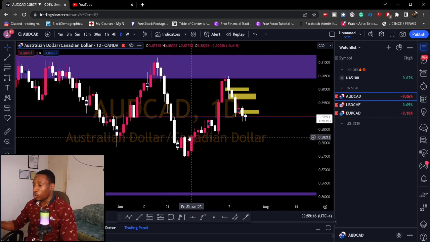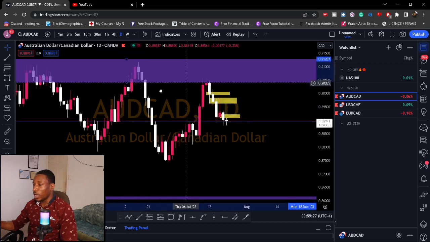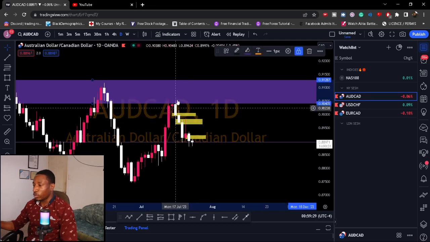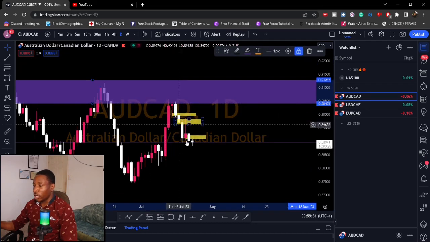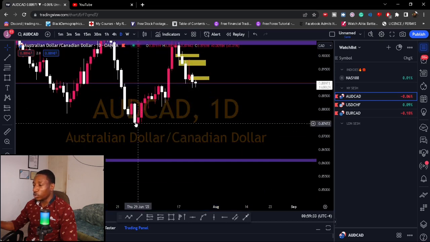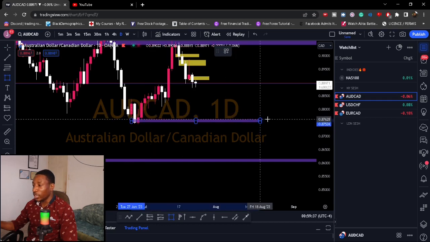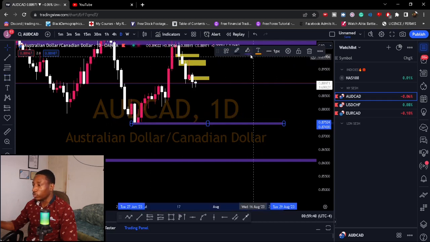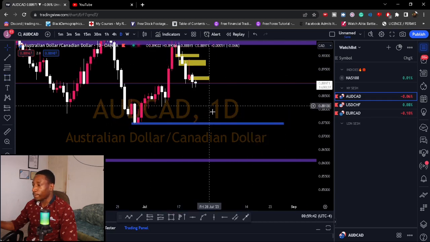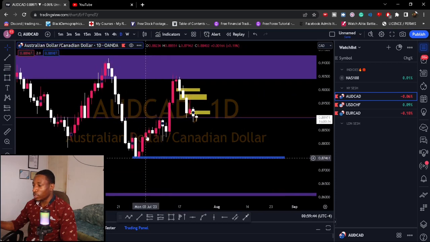Once price broke above this particular body and closed, which was this candle here, it showed that price wants to continue buying, and then price bought all the way to this particular zone, and then it reversed here, and now it's selling. Hopefully it wants to sell to this particular zone here, so we can use this as another destination in the daily time frame. And then that's basically it.